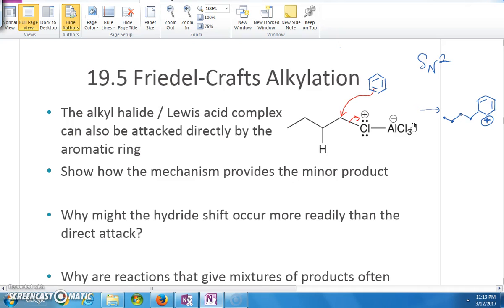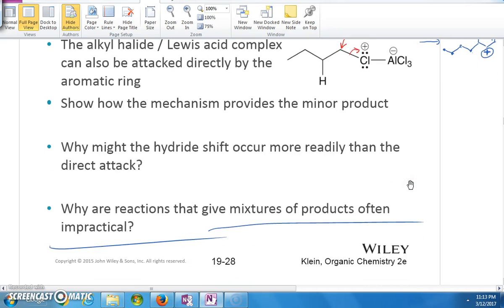Now, we might expect the hydride shift to occur more readily than the direct attack. That's because, remember, a secondary carbocation is greater in stability than its primary carbocation. Okay.